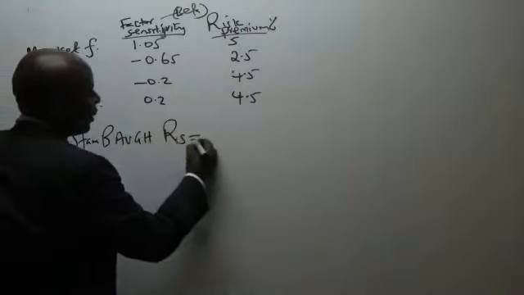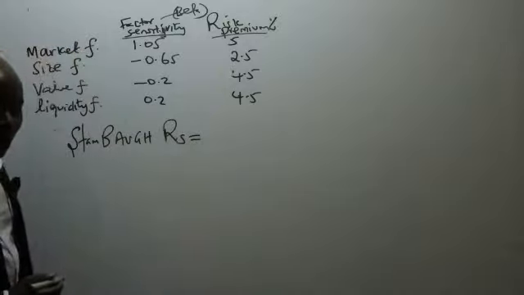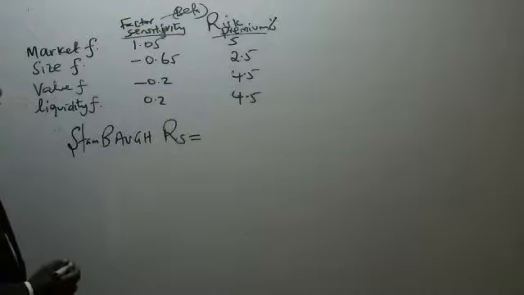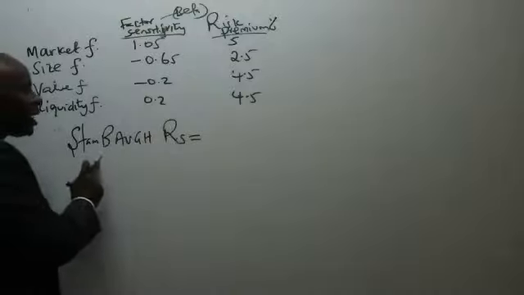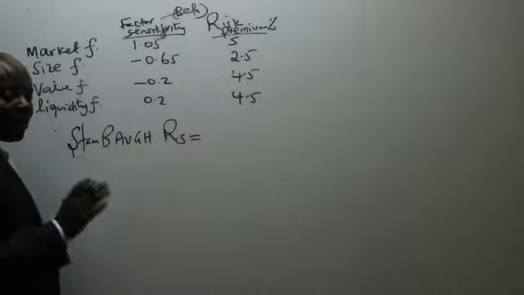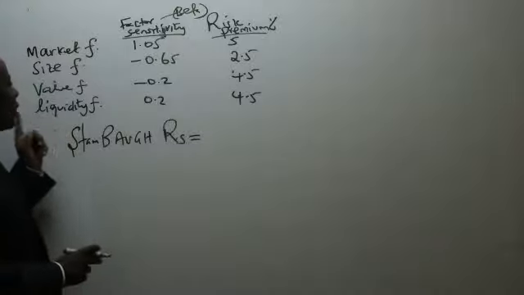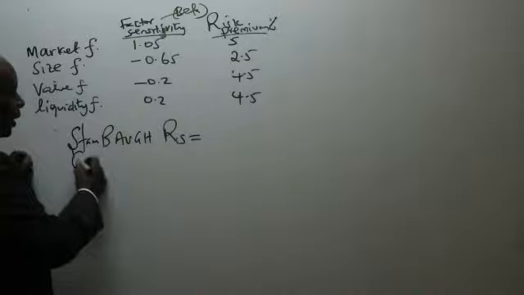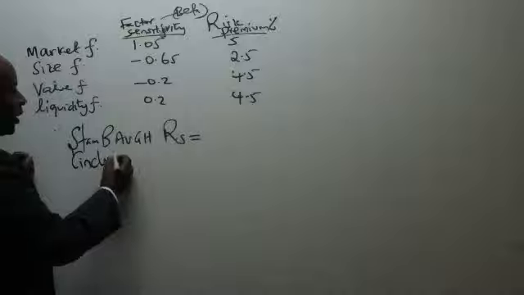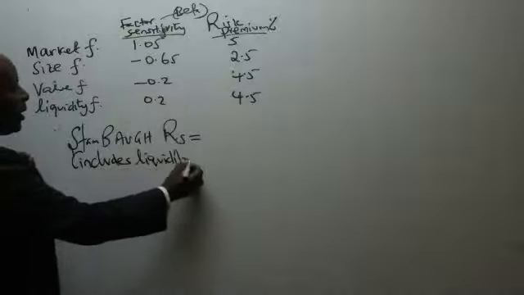Now, ladies and gentlemen, we go to Carhart's model for the returns of a security. One thing you're supposed to know is that Carhart is a 4-factor model. It has the first 3 factors, but now includes liquidity.